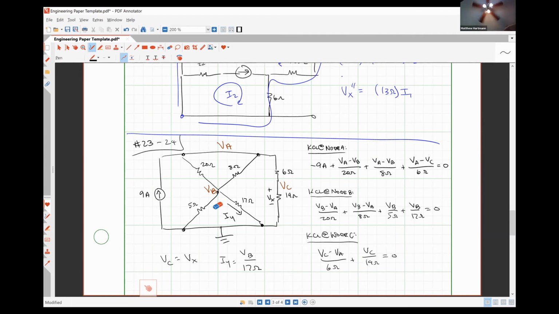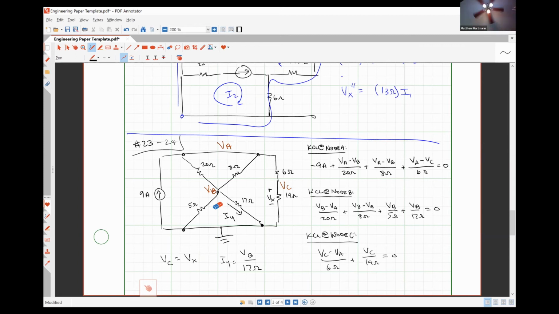So in this case, the bottom node is connected to the 9 amp source, the 5 ohm resistor, the 17 ohm resistor, and the 19 ohm resistor. So it's got 4 things connected to it. The top node also has 4 things connected to it. The middle node that I've assigned VB also has 4 things connected to it, where the node VC only has 2 things connected to it. So really the top, middle, or bottom are all good candidates to choose as our reference node.